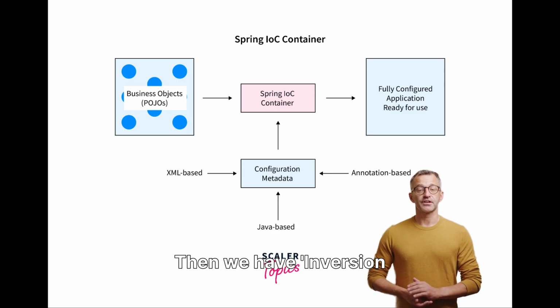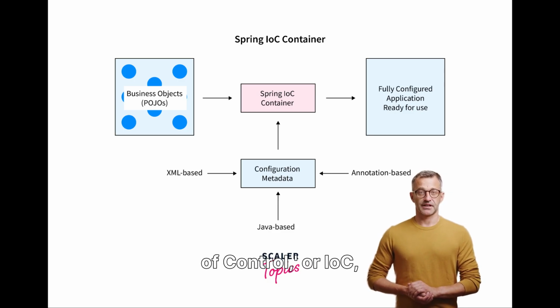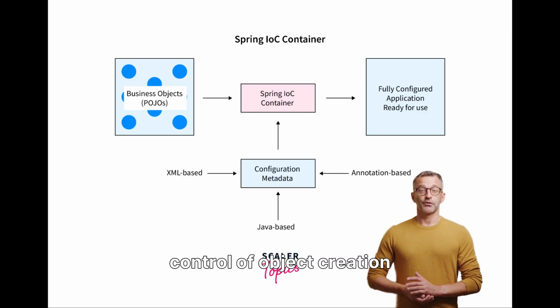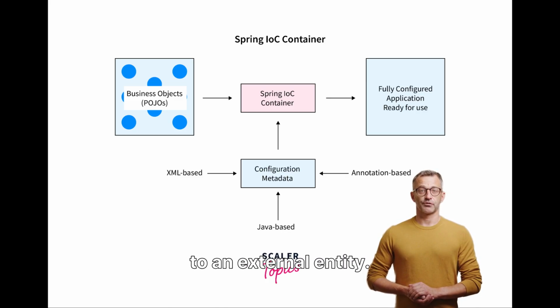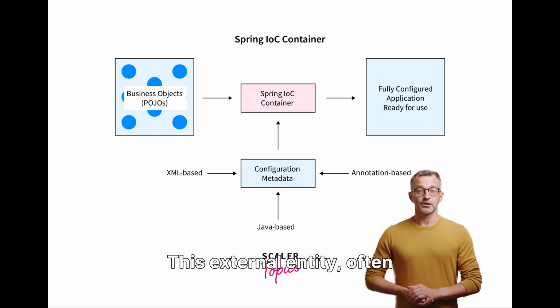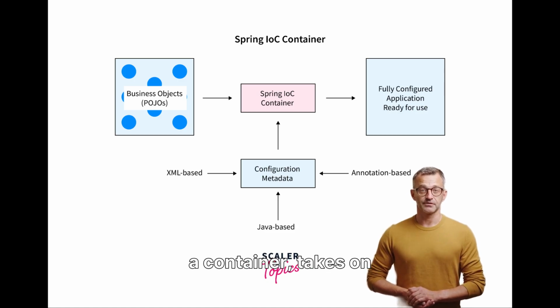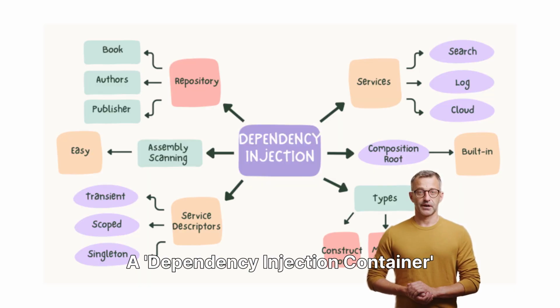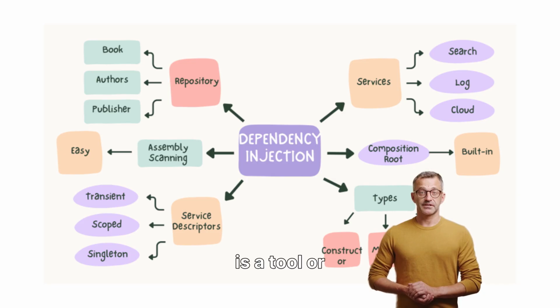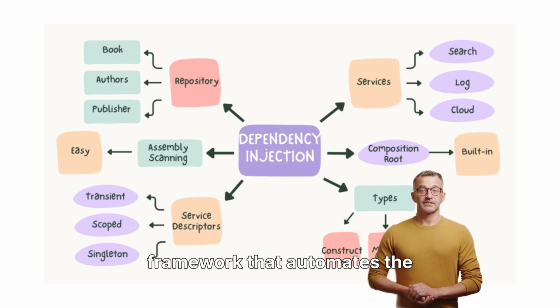Then we have inversion of control, or IoC, a principle where the control of object creation and dependency management shifts from the class itself to an external entity. This external entity, often a container, takes on the responsibility of providing the necessary dependencies. A dependency injection container is a tool or framework that automates the creation and injection of these dependencies.